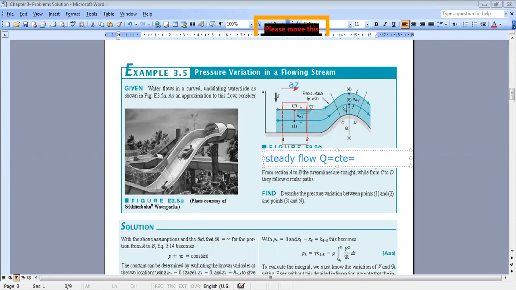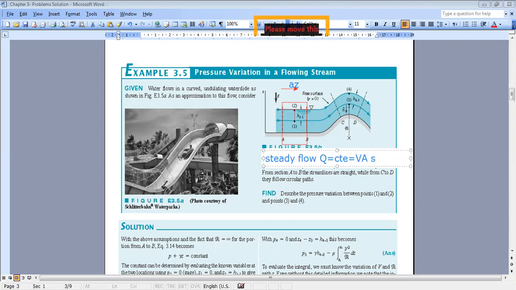And Q is equal to velocity times area. Since between section A and section B the cross-sectional area is not varying, I have a constant cross-sectional area between these two sections. And since it's a steady flow, Q is constant, so I can say that V is also constant.